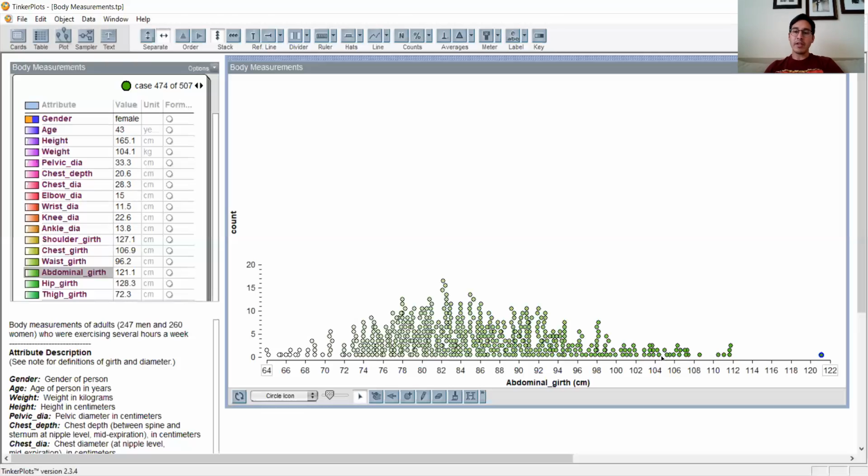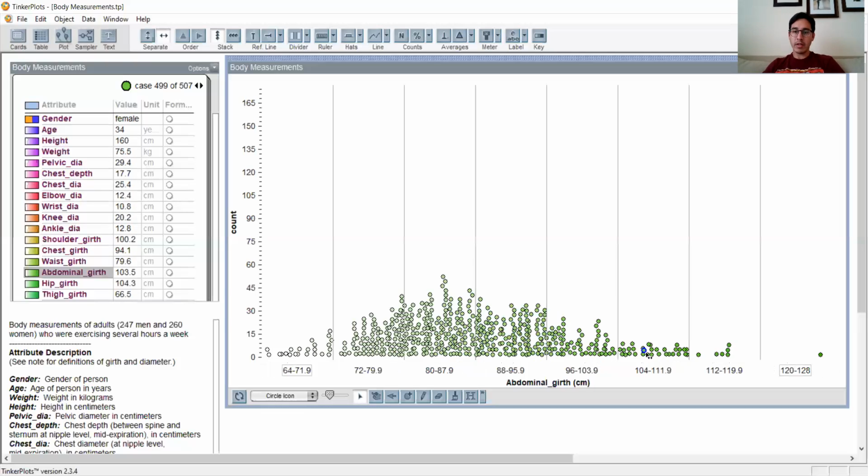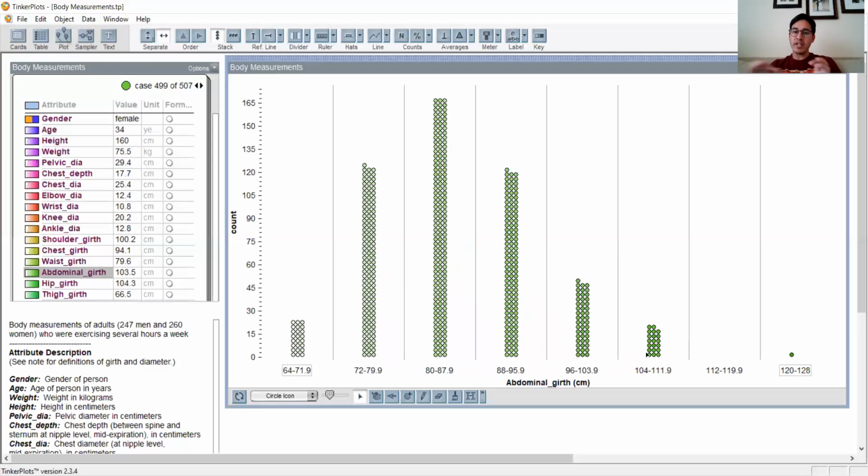What I like about this software is it shows how dot plots and histograms can kind of morph between each other. So I'm going to go ahead and drag a dot over and see already it's making groups for me. Values that are close to one another are kind of binned together in the same group.